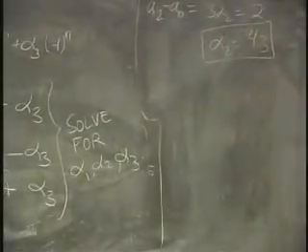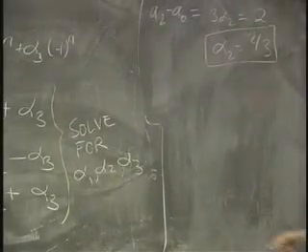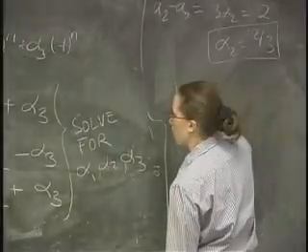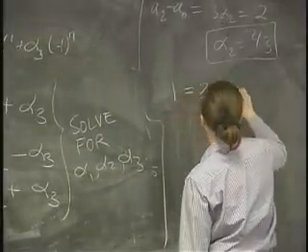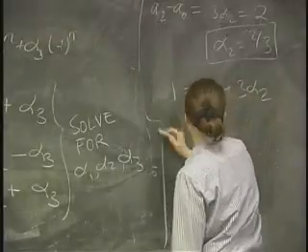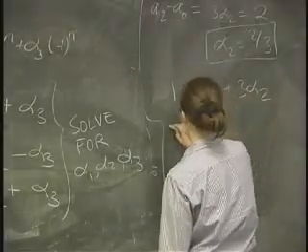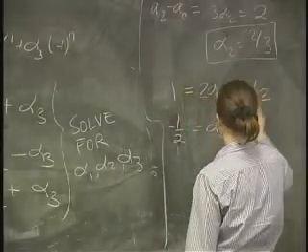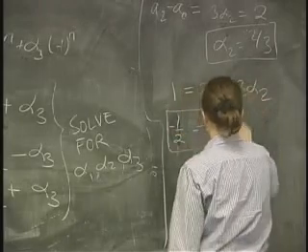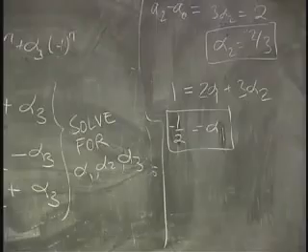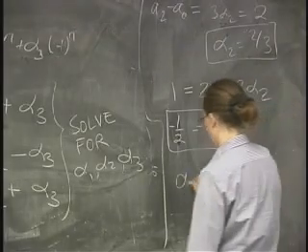Then if we add these two, we get 1 is equal to 2 alpha 1 plus 3 alpha 2, and so alpha 1 is minus a half. And then finally, we can plug that back into the first one. So we have minus a half plus 2/3 plus alpha 3 is equal to 0, so alpha 3 better be minus a sixth.